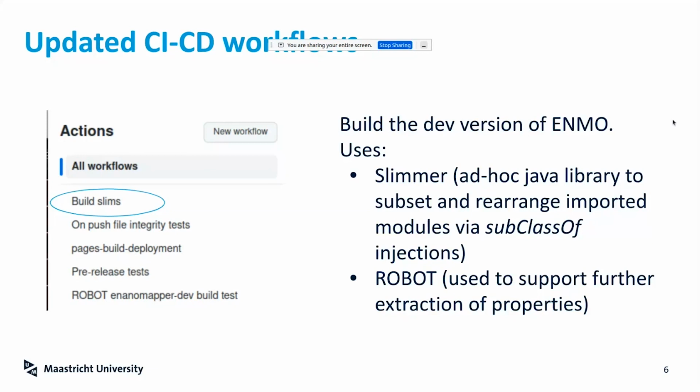So we have a development version which is built on schedule using the Slimmer Java library, which does this rearrangement of subsets via injection of subclass-of axioms. We're also using ROBOT more and more, and hopefully we'll make a migration to this toolkit in the future to support further extraction of properties at the moment.